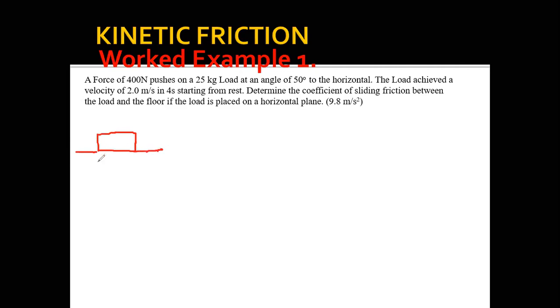Let me just keep it simple. And then we have the force pushing, at an angle which is 50 degrees here.